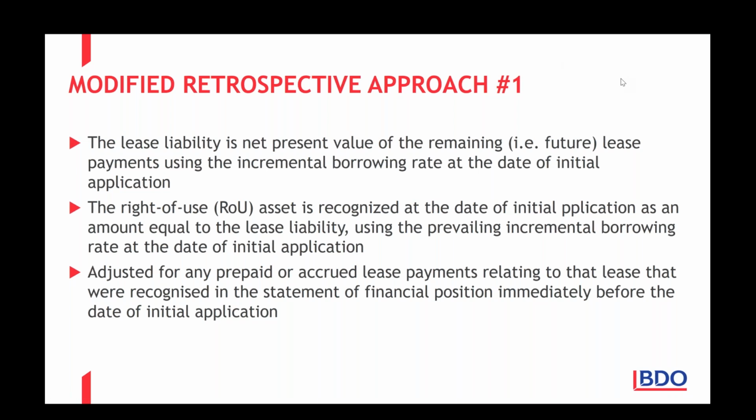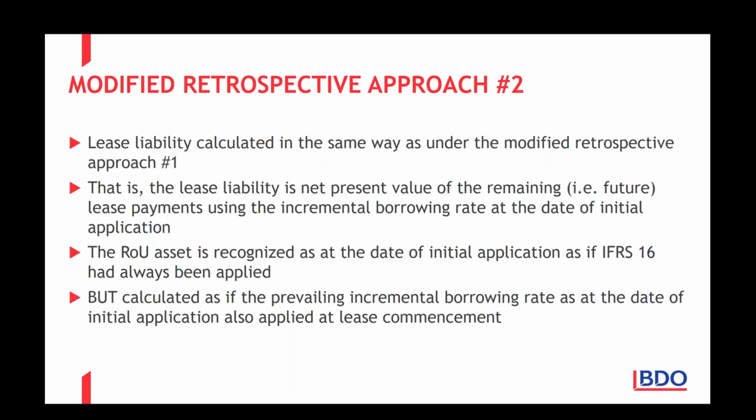The other approach, modified retrospective approach number 2, the lease liability is calculated exactly the same way as we used for modified retrospective approach number 1. So we're looking at future lease payments. However, in the third bullet point, and this is what makes this approach really hard, the right of use asset is recognized as at the date of initial application as if IFRS 16 had always been applied.